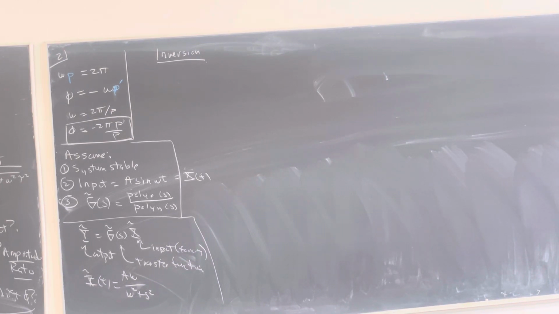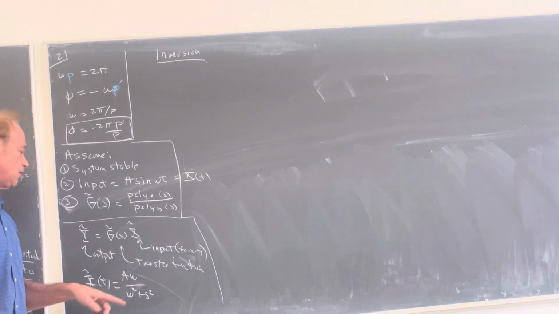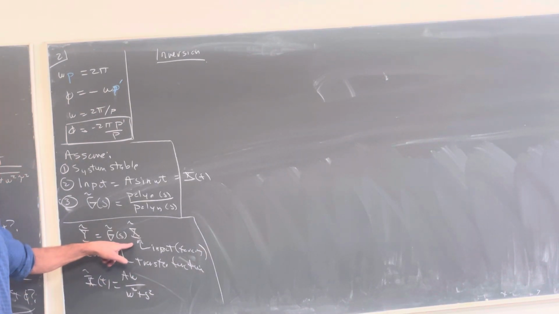If I have a multiple pole, s minus s1 squared, then I end up getting two terms. One of them inverts to an exponential, the other one inverts to t times an exponential, etc. So the nice thing is it splits up. That tells me that all the poles of G are in separate terms from the poles of x tilde.